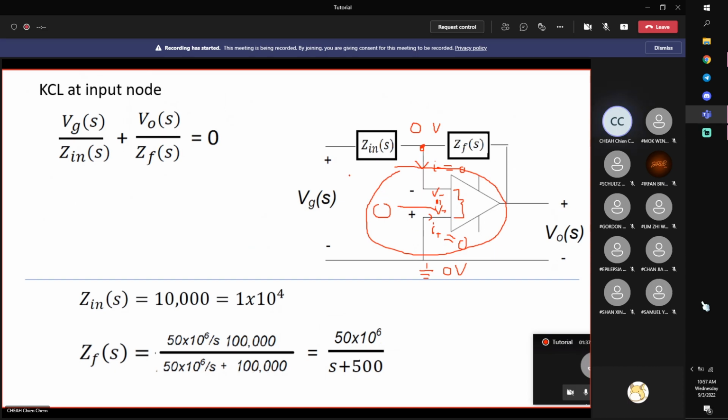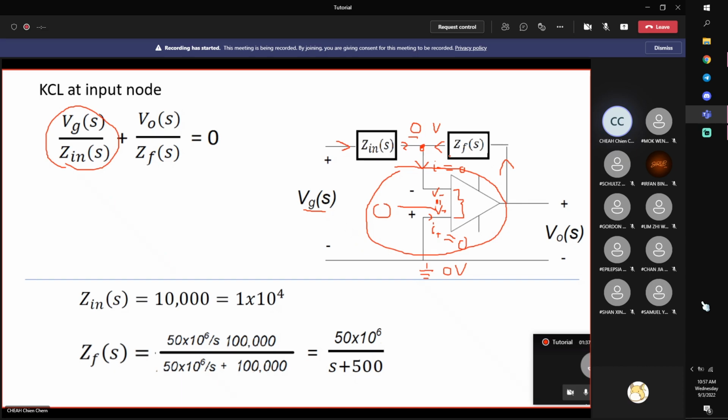For example, over here I'll use KCL inflow. This current inflow is VG minus 0, because this is 0 volts across it, divided by Zn, inflow, right? And then I have another inflow from the output. This is a feedback voltage through this impedance.